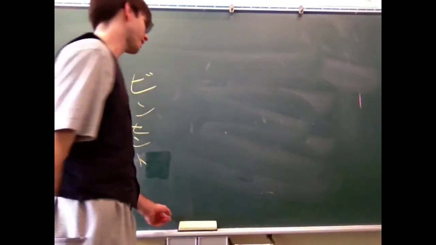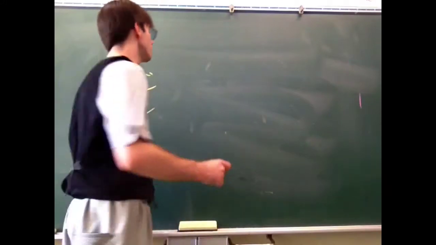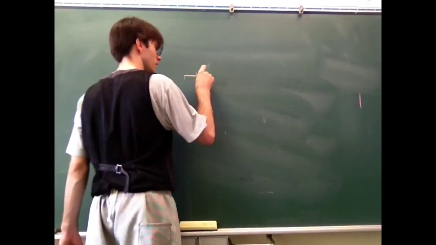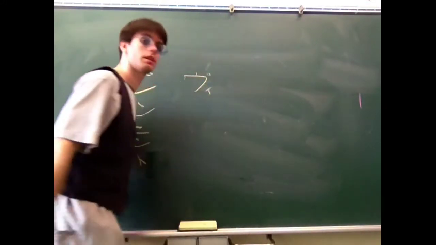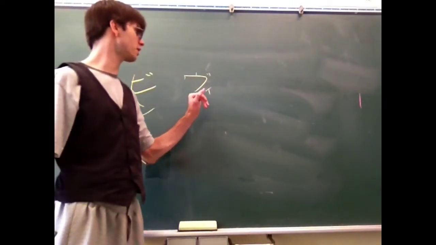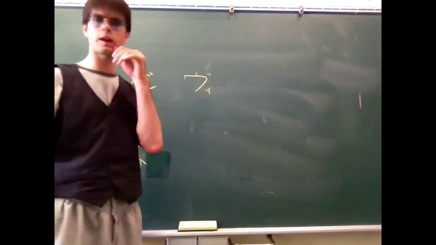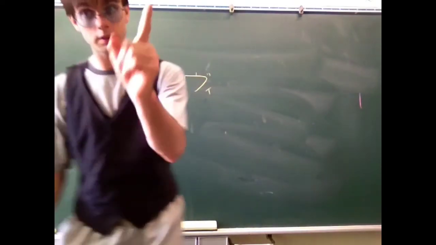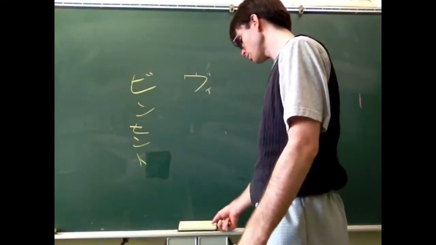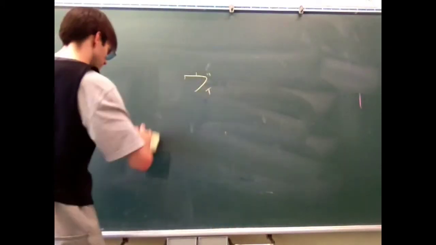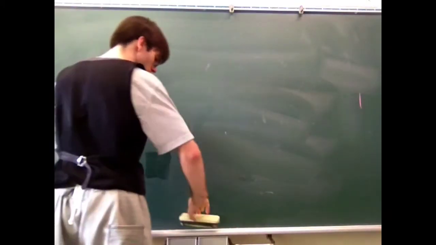But you can very well, and I do, write it with vu. Now you see what I did there? Normally this only happens, when you put a small thing next to it, it only happens with ya, yu, and yo. But again, this is a special case. You can use this with u only.